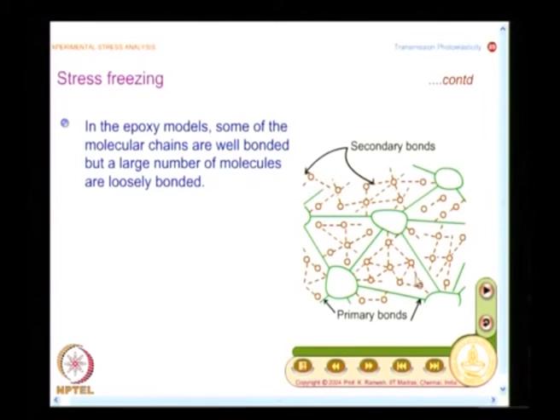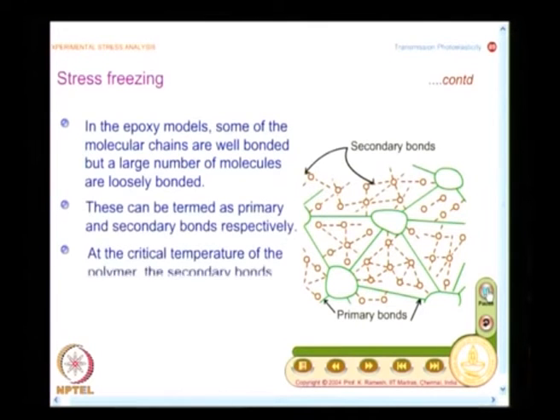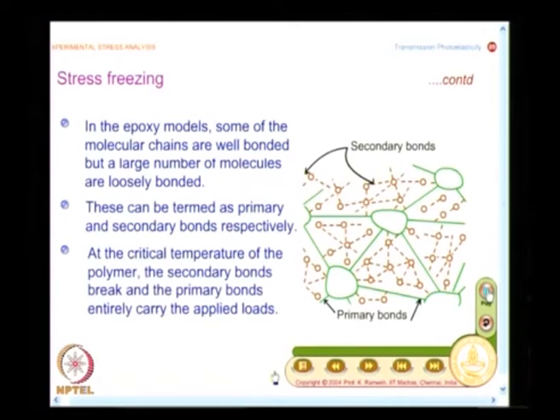And what happens is, when I apply the load, and I also raise the temperature, I keep it at what is known as the critical temperature of the polymer. The critical temperature is something like about 110 to 120 degrees, and people also now operate at a lower temperature for various reasons.